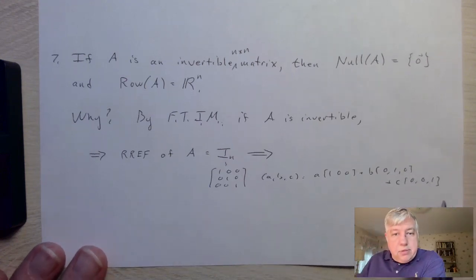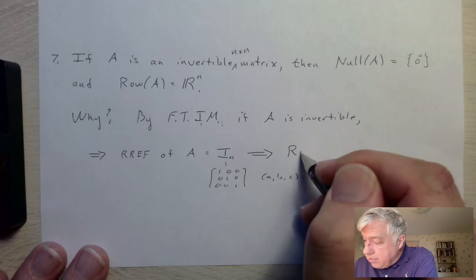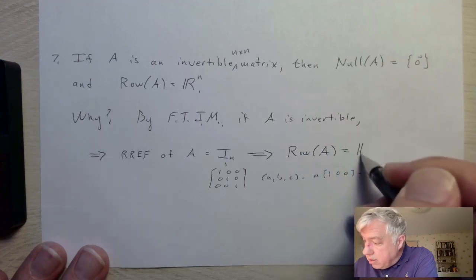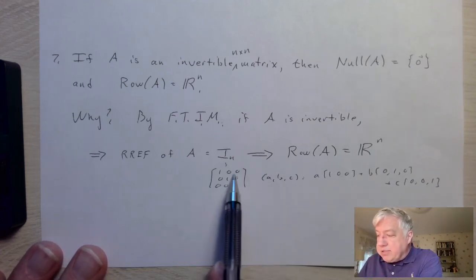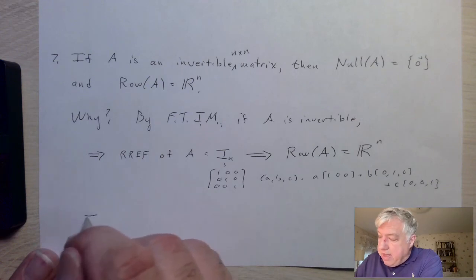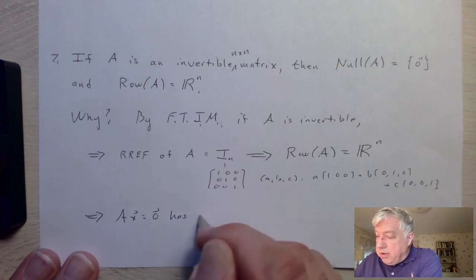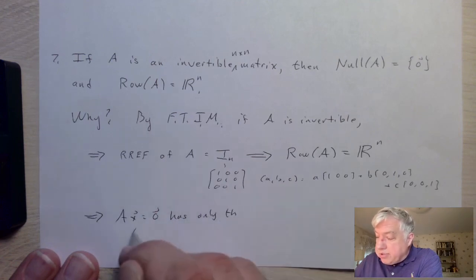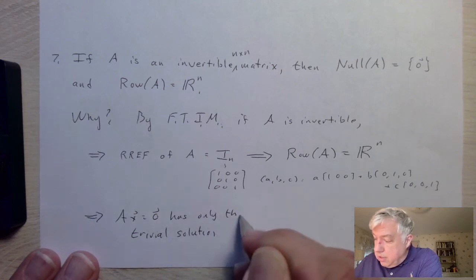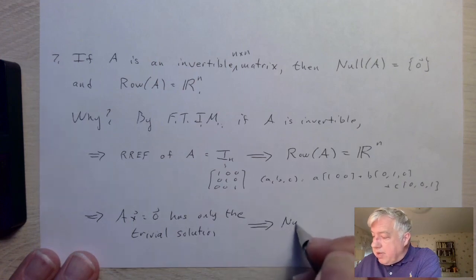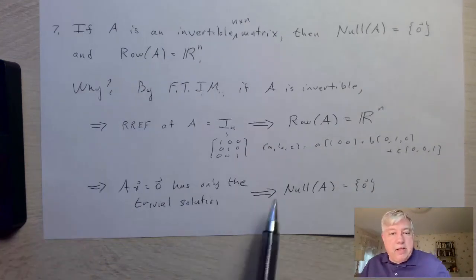So anything in the row space is really all of Rn, because the span is just these rows. We also get that if A is invertible, AX equals 0 has only the trivial solution, and that implies that the null space of A is just 0. We talked about that last time too.